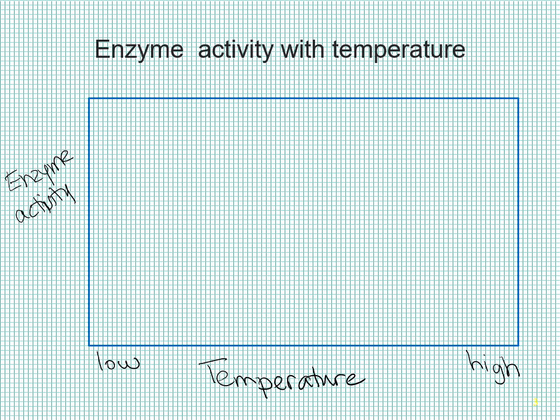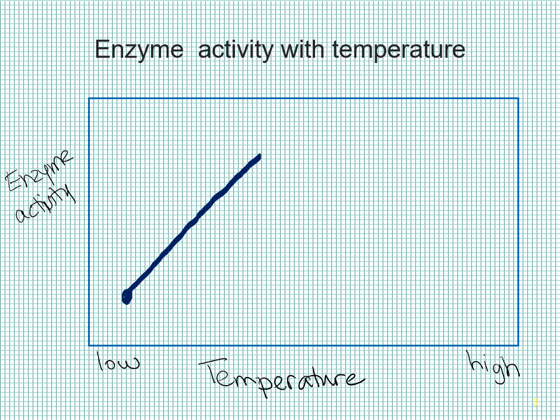When we look at the relationship between temperature and enzyme activity, the ability of the enzyme to work, we know that if the temperatures are low, everything's kind of moving sluggishly. When the temperatures start to increase, we can see that the enzyme activity is going to get higher and higher and higher.